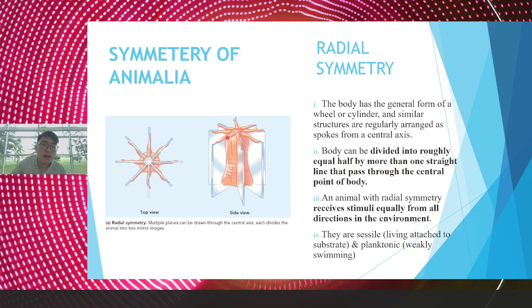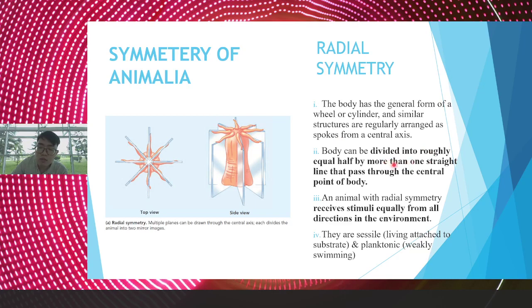So it means that if you see this cylinder shape, even if you cut down until it passes through the middle, the halves will be equal. You cut through the middle, and the left and right will be equal. You cut diagonally, and this side and that side will also be equal. However you cut it, it will be equal.